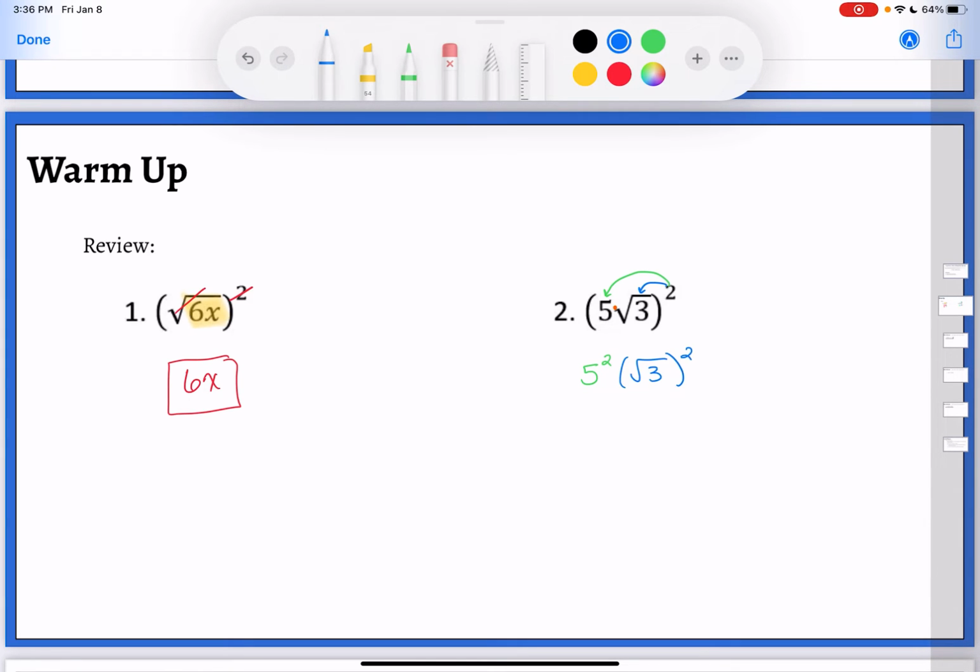Right? I have to square both parts. I'm not just squaring the radical. I have to square both things on the inside of that parentheses. And that's because that 5 is on the outside of the radical. In number 1, both of those things were inside the radical, and so then that radical cleared it all out. But here I have to square both parts, so be careful of that.